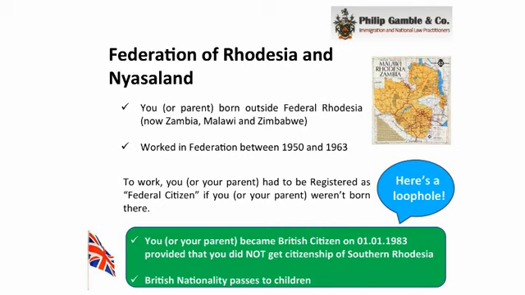It formed from Malawi, Zambia and Zimbabwe, collectively known at the time as Southern Rhodesia, Northern Rhodesia and Nyasaland. This territory was listed as an independent Commonwealth country for British nationality purposes, and so at first sight we'd think that no connection or no ability to acquire a UK passport would be possible through the territory itself.